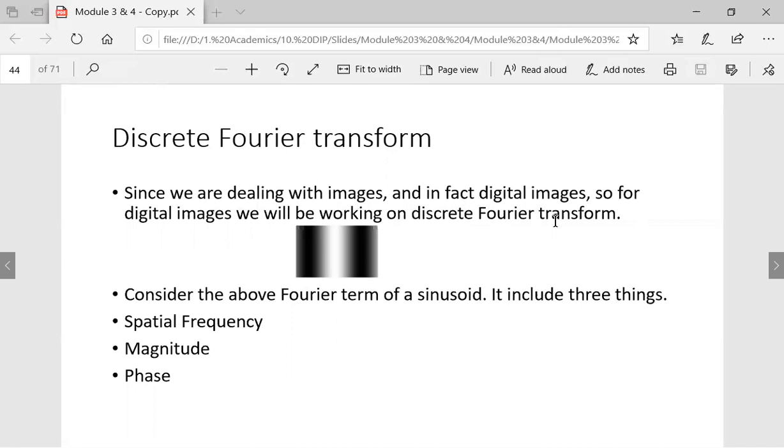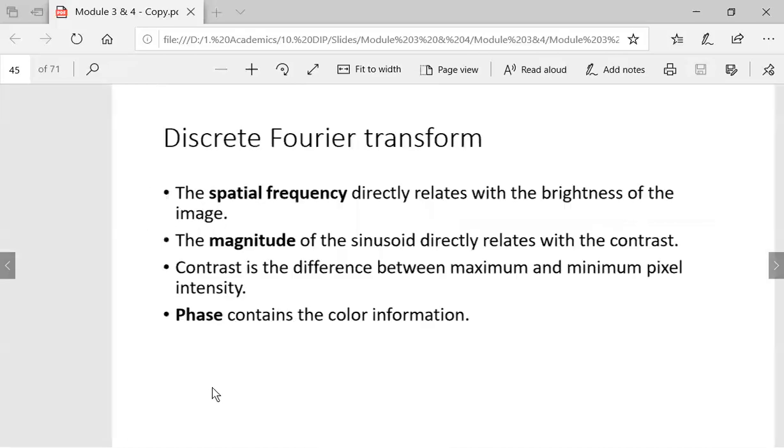Considering the image, it will have three things: spatial frequency, magnitude, and phase. So how are these related to the images?